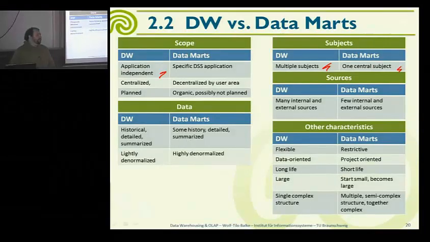From a user's point of view, it's usually good to have control over your own data, so you want it as decentralized as possible. From the data manager or CIO's point of view, you want it as integrated as possible, so that the data is consistent and the data can be integrated in a reasonable way.